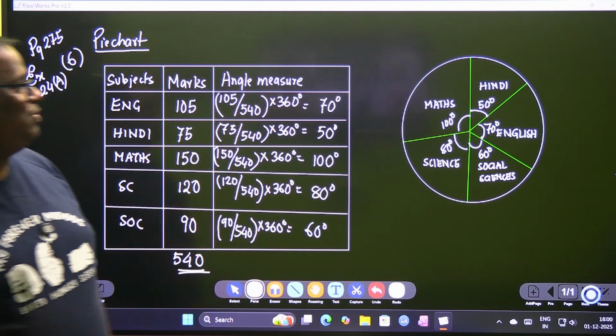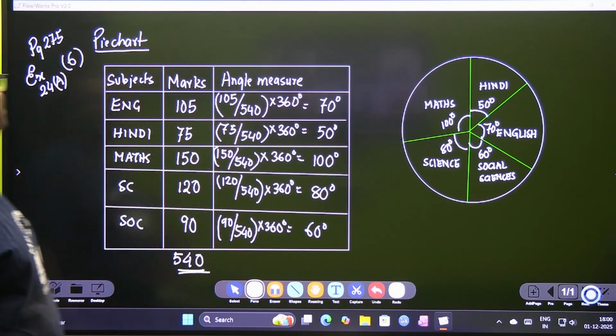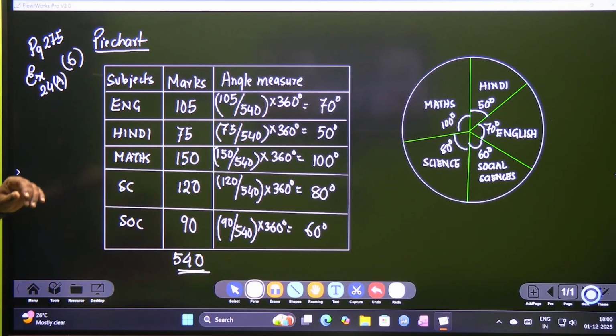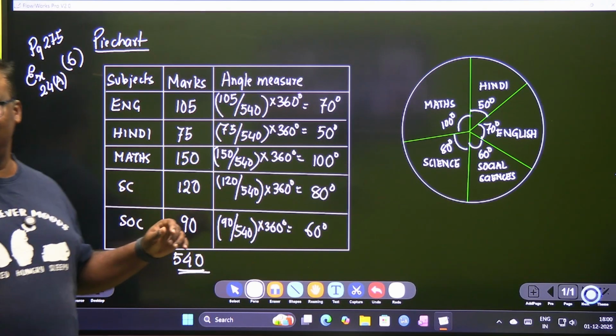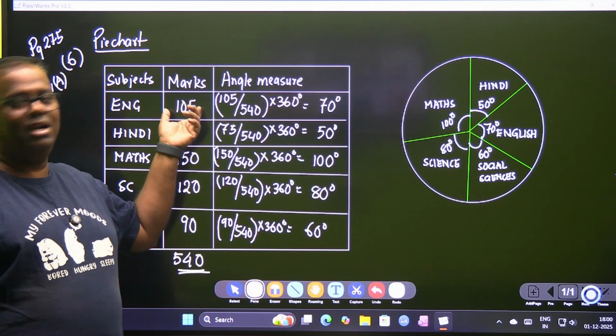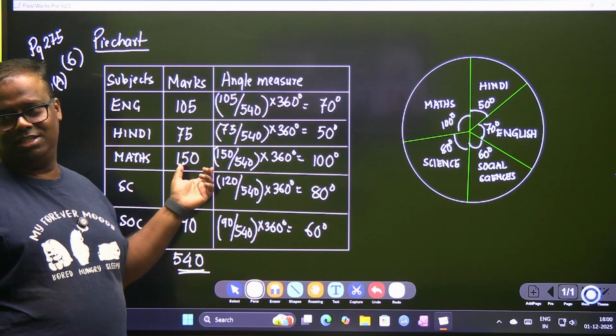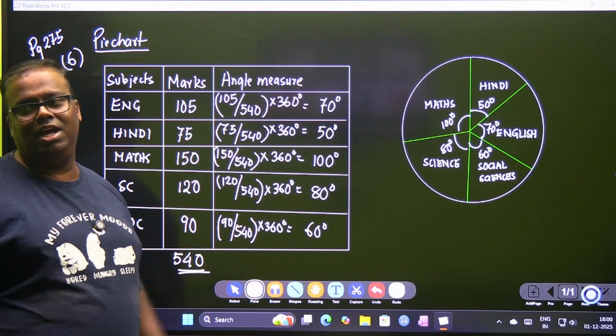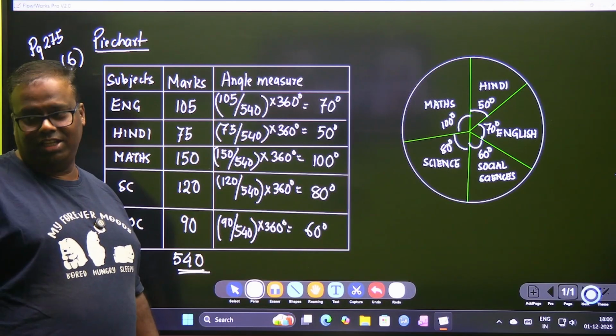If you were ill today, what would you do? Suppose you are ill today. Okay, there is a last question. In the last question, everything is given in percentages, and it is also easy. Instead of marks, it's given in percentages. You will see that all the percentages add up to 100. Just check that in every question.